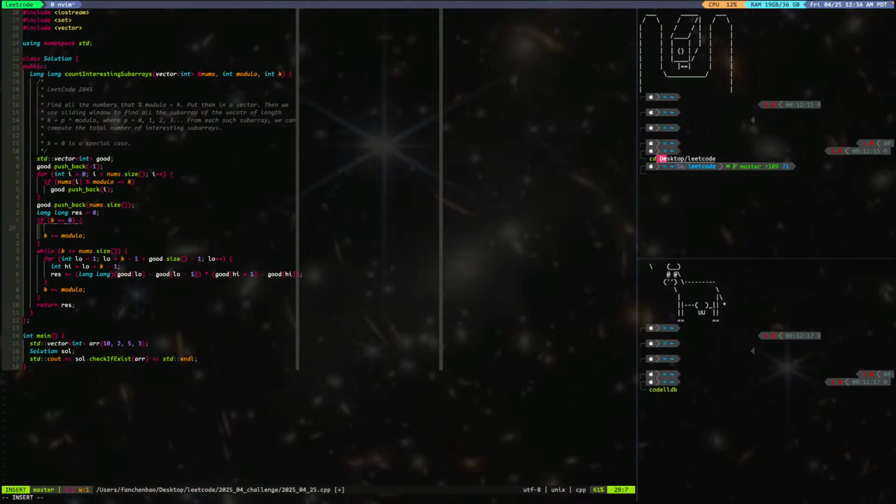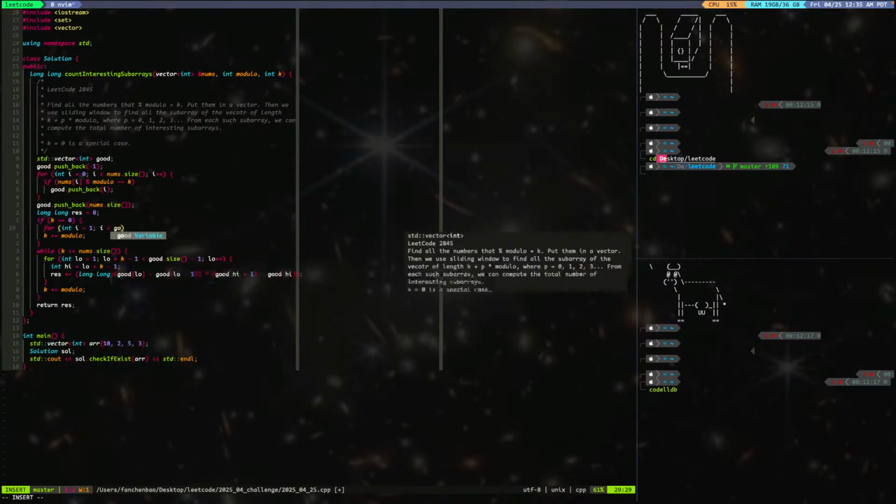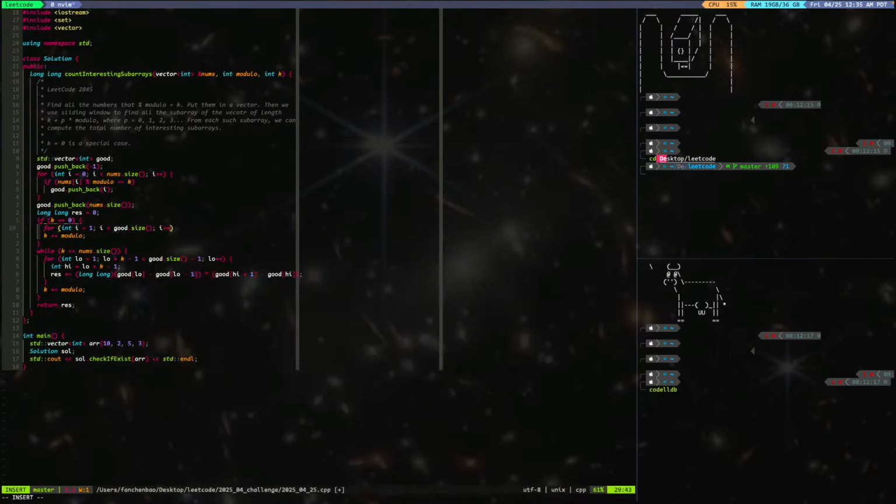So k equal to 0. What we need to do is go through them, and each one we will find a number, like the length in between. For int i equal to 1, smaller than good size, i plus plus.